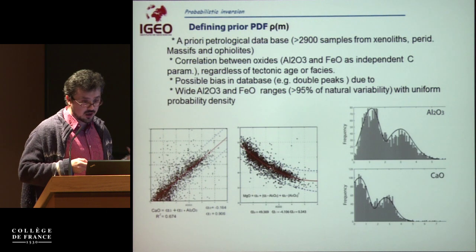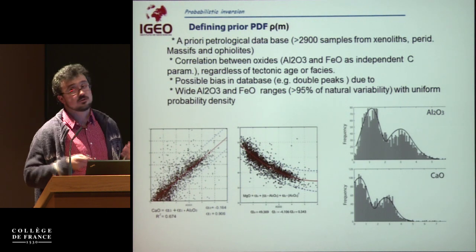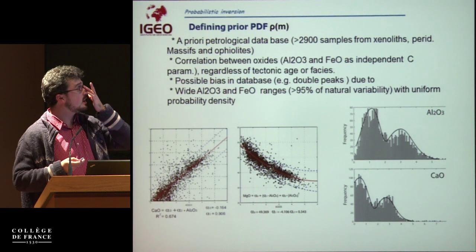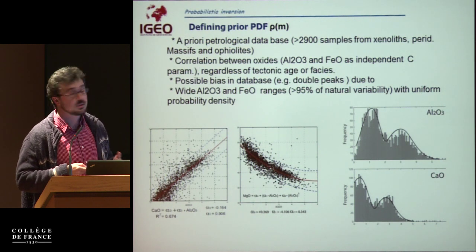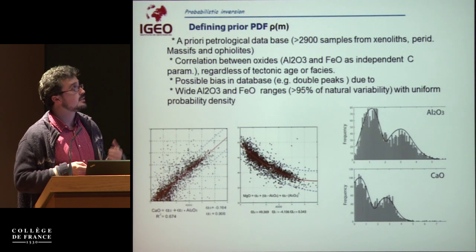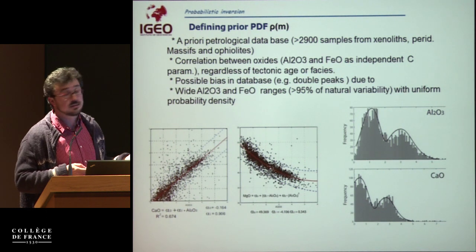As for the prior PDF, the previous information that you put into the model, what we did is to analyze a relatively large petrological database containing more than 2,900 samples, including mantle xenoliths, peridotite massifs, and ophiolites.